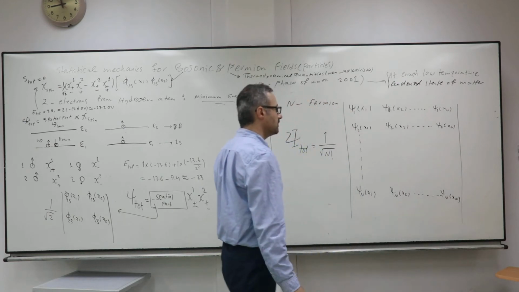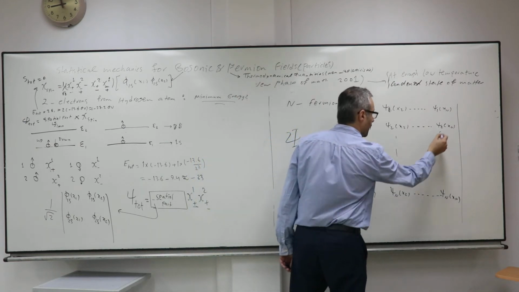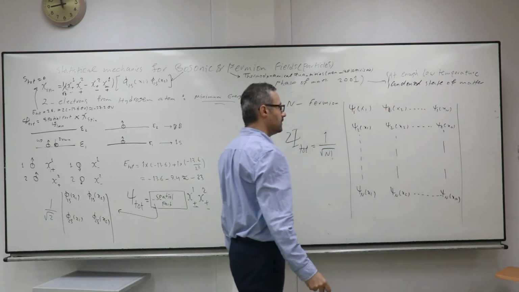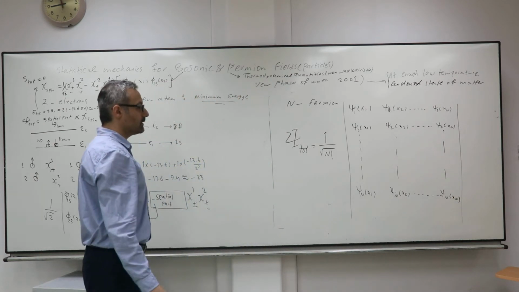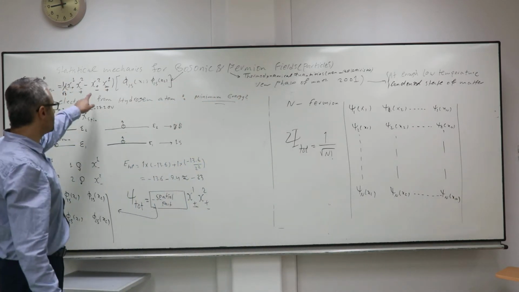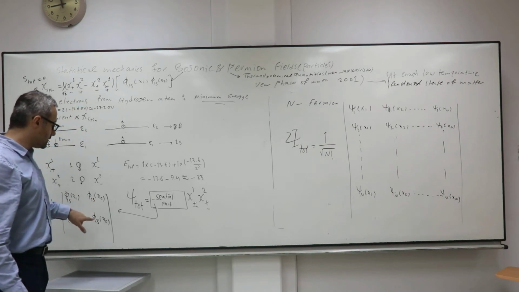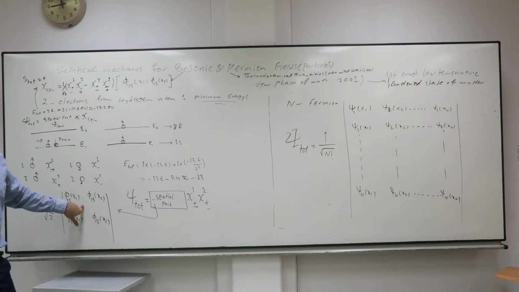Look at that. Of course, I told you, sometimes you use this for the spin parts, and sometimes you use this for the spatial parts. It depends on your configuration.